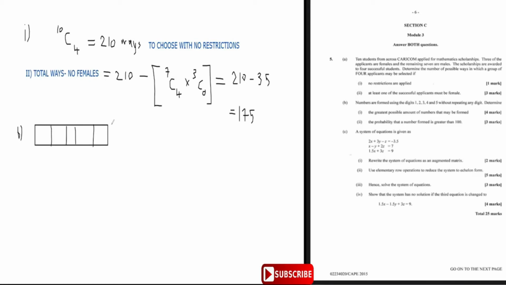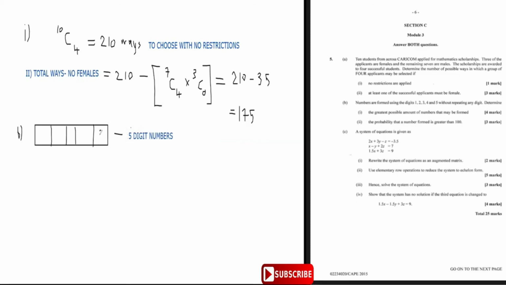Let's determine the number of digits that can be formed if we're not repeating any digits. So we can have 5 digits here. This is the amount of 5-digit numbers, so first I'm going to start with that.